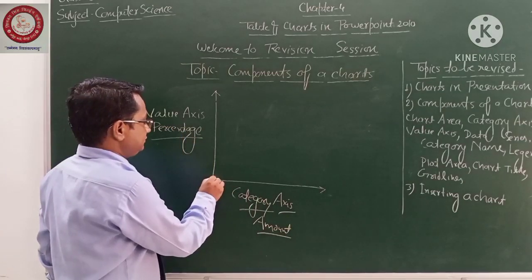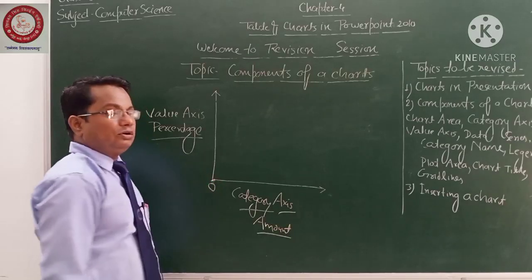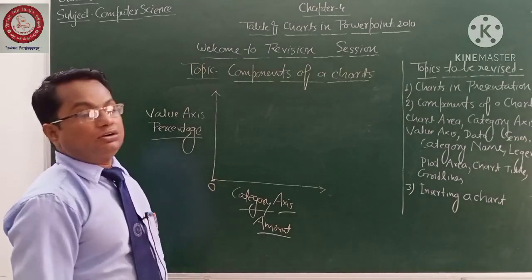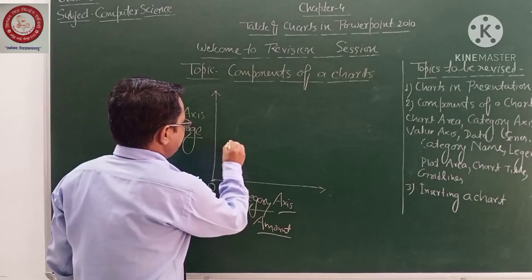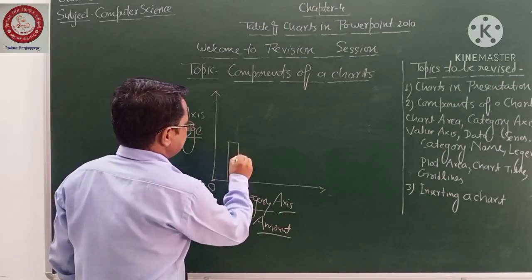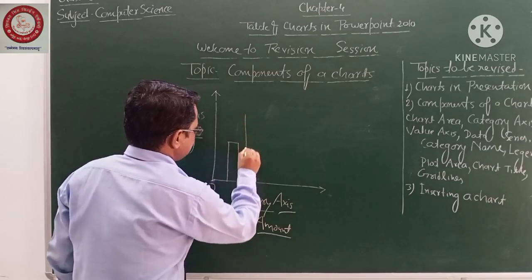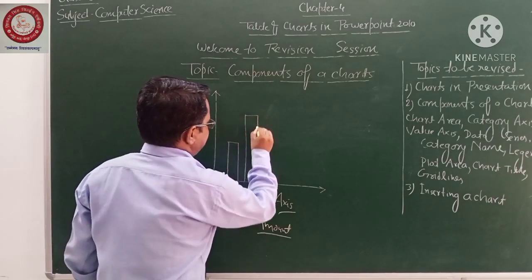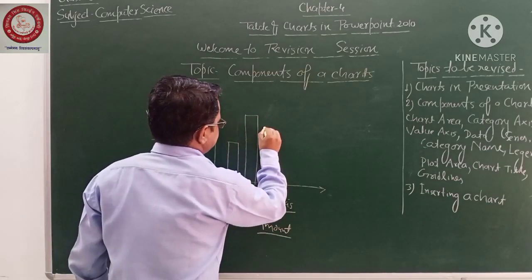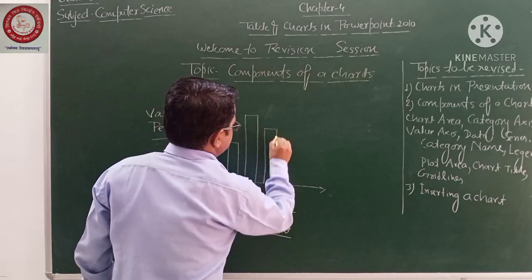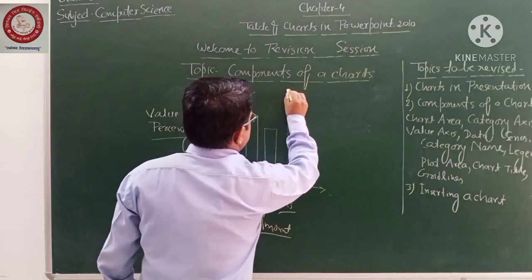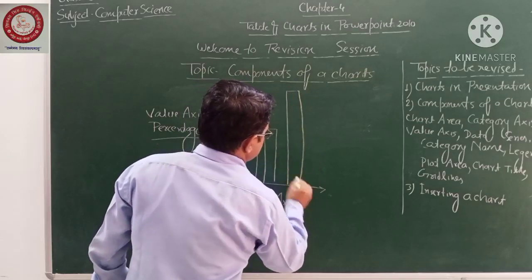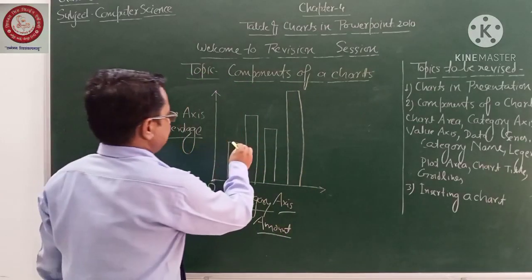This point is called O for origin. This is called origin, and let me take some bars here like this. I have taken some bars here.